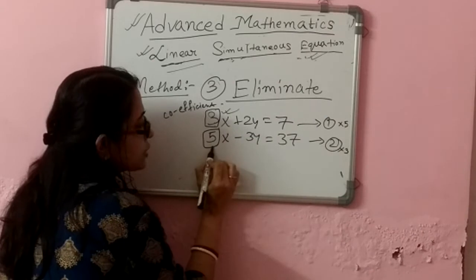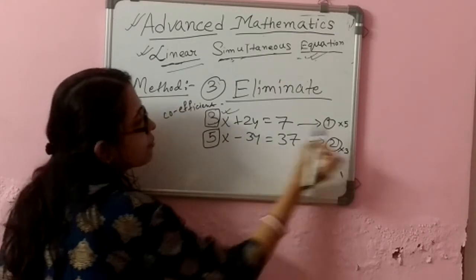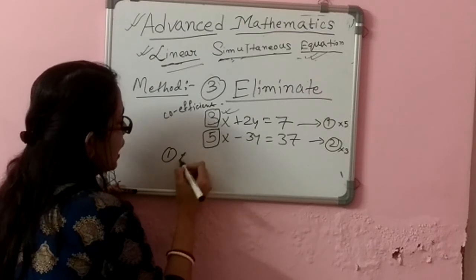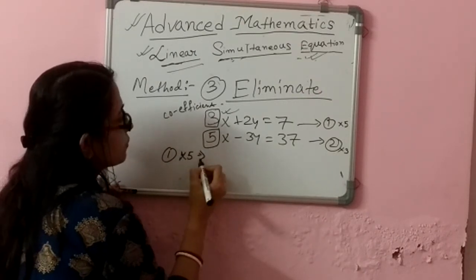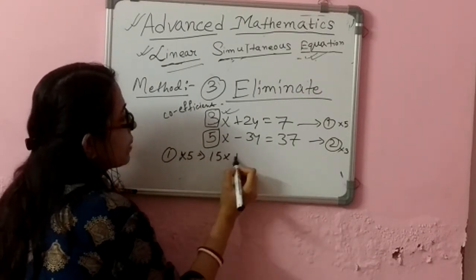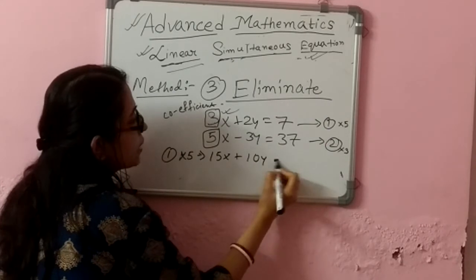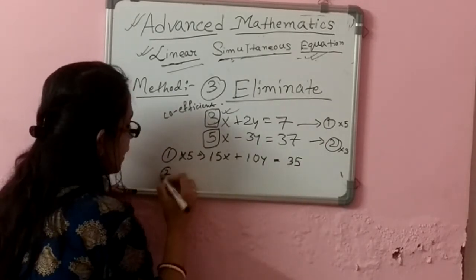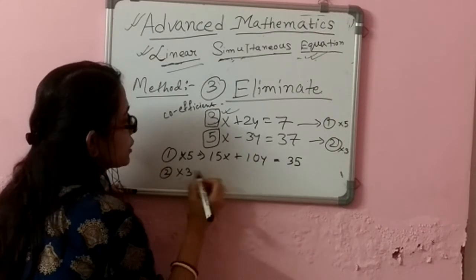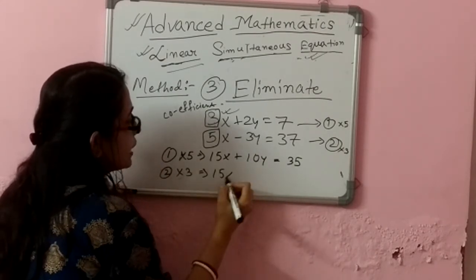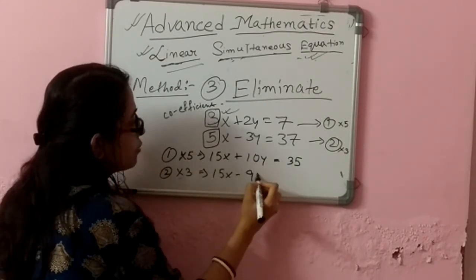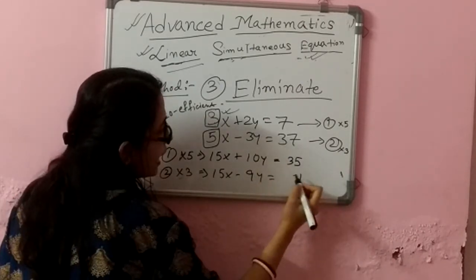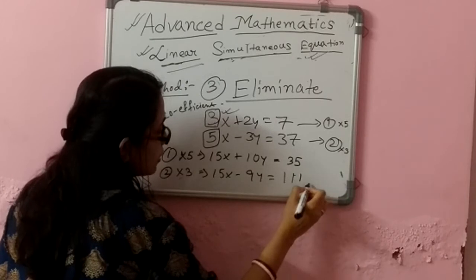In the second equation, the coefficient of x is 5, so we have multiplied the first equation with 5. Now equation 1, after multiplying with 5, what will we get? 15x plus 10y equal to 35. And after multiplying equation 2 with 3, we will get 15x minus 9y equal to 111.